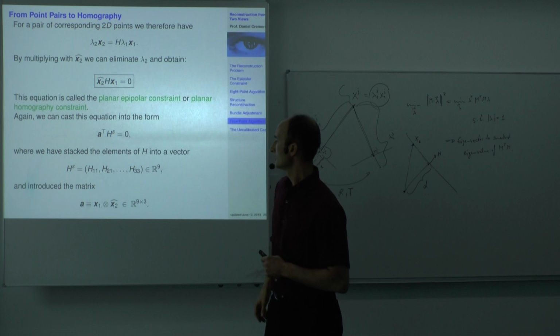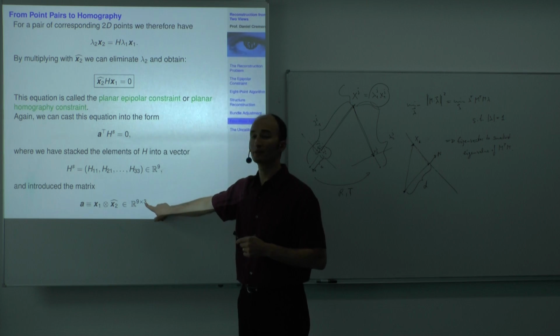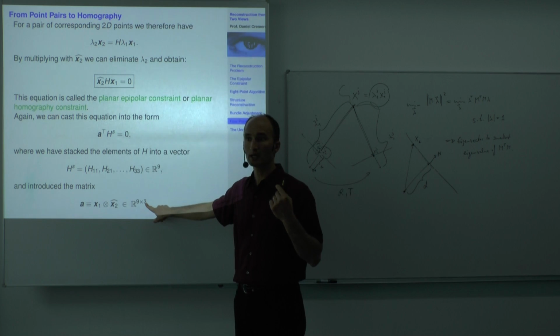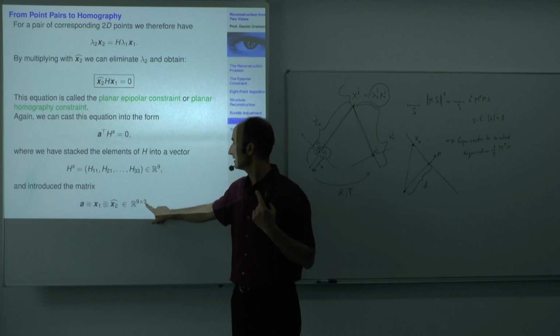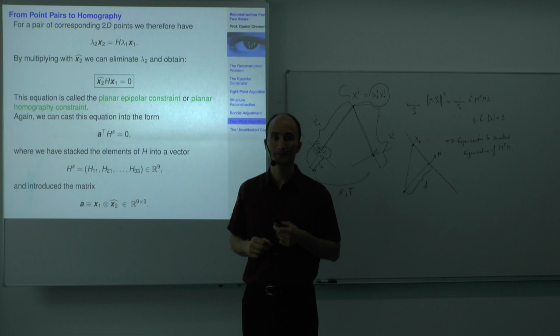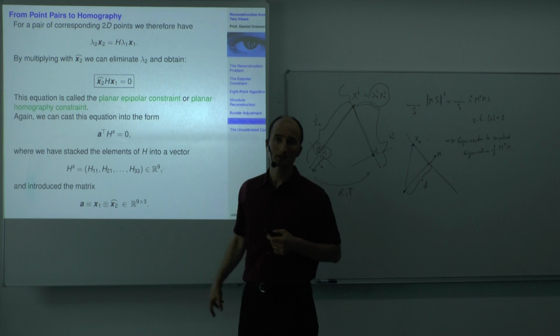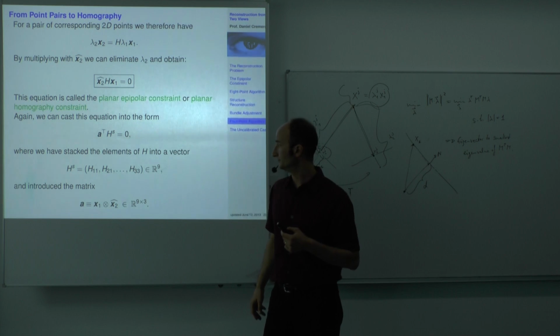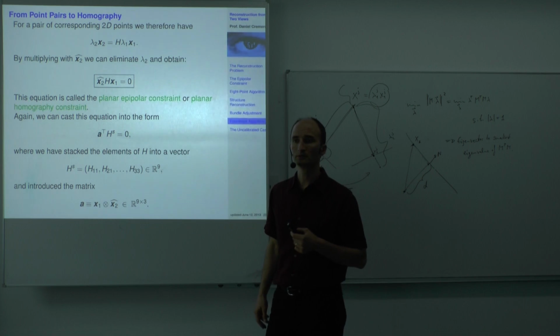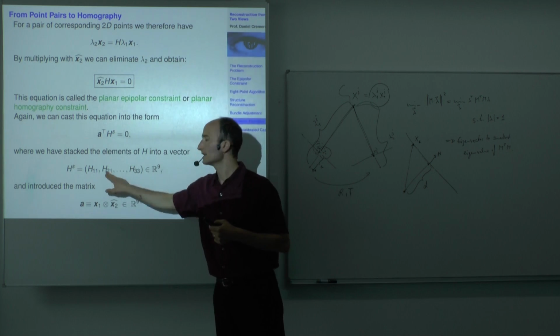This is interesting because it means that each point pair doesn't provide one constraint, but in principle 3 constraints. In the epipolar constraint, in the general case, we had a single constraint. Here this equation is actually 3 equations, because we have a 9x3 matrix applied to H^s is 0.